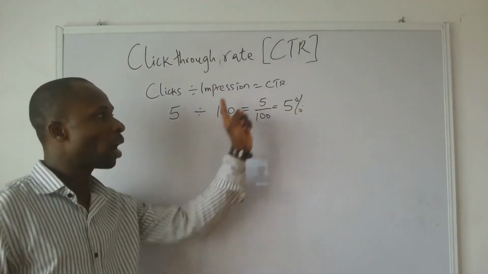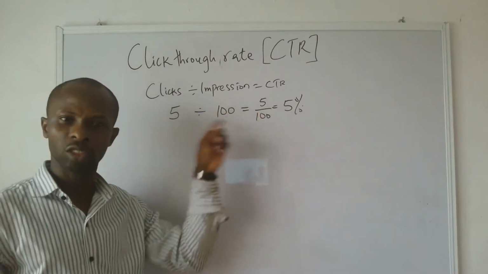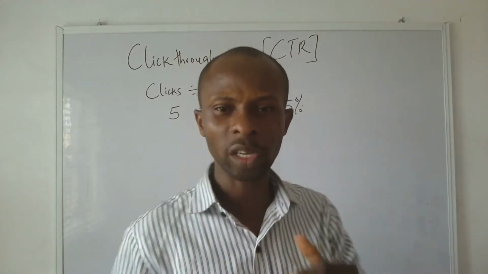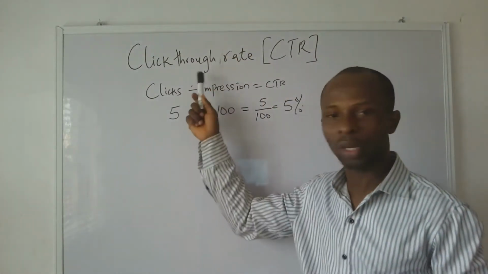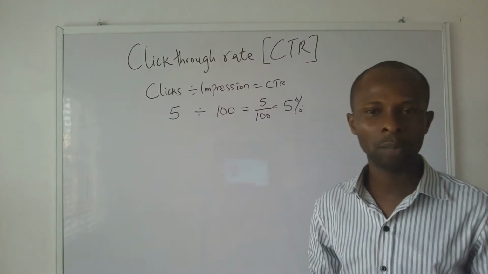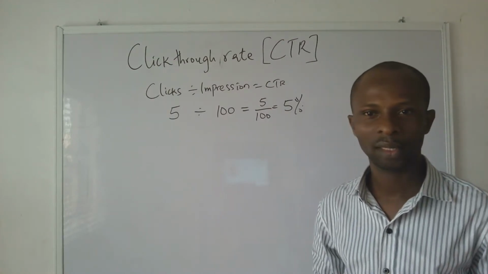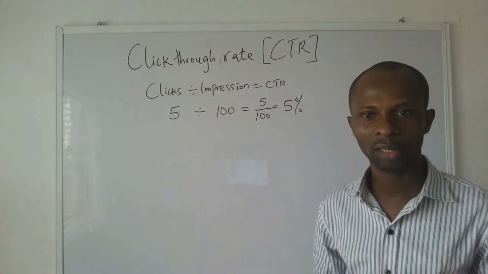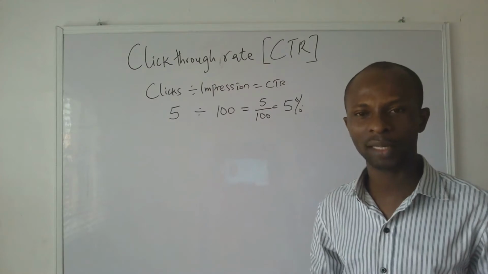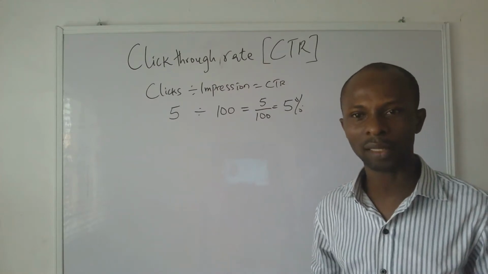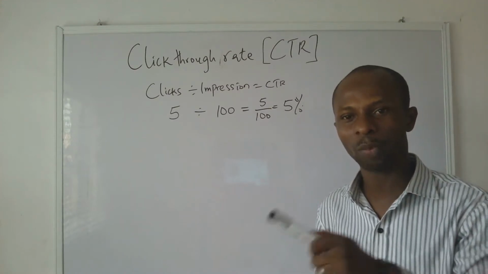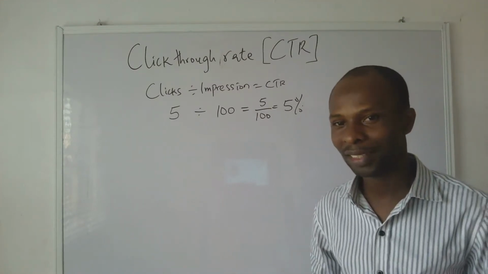Now, if you have a very low click-through rate, what it means is that the keywords that are bringing up your link are wrong. If somebody is looking for blue sneakers in Lagos or blue sneakers in Ibadan, and you are selling orange sandals, and your orange sandals link is coming up when somebody is searching for blue sneakers, of course they won't click.